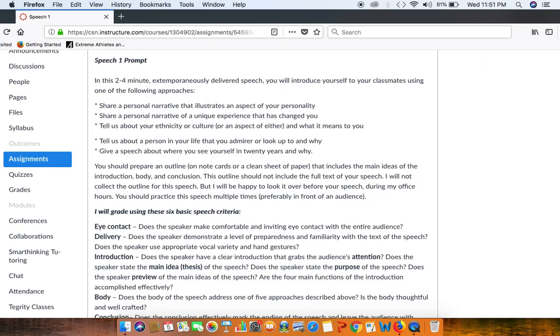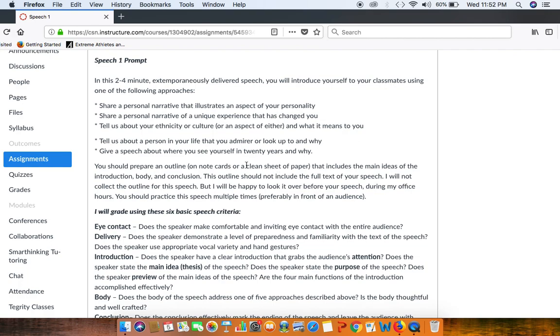You're going to pick one of these prompts, and you're going to have an introduction, a body, and a conclusion, and you're going to speak. What kind of delivery are we doing? Extemporaneous delivery. Practiced and prepared from brief notes, not reading word for word. Again, in terms of delivery, I would say note cards or no notes at all.